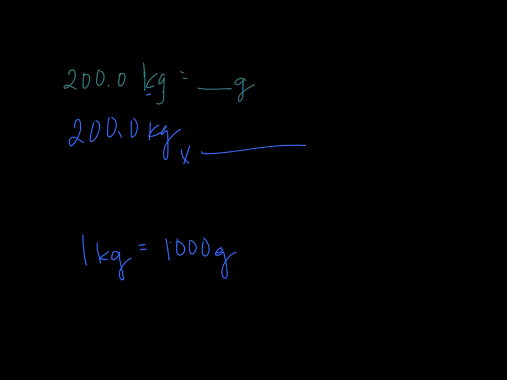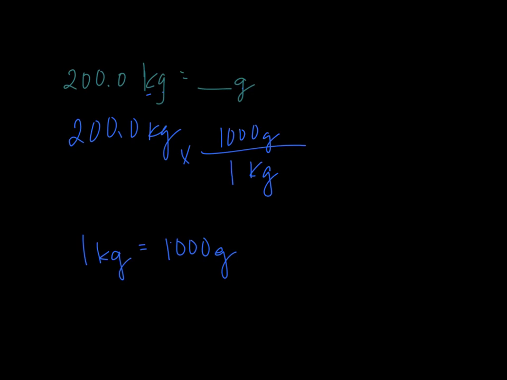Now this time, what unit has to go on the bottom? Kilogram has to go on the bottom because we've got it in the top, so it also needs to be down here so those units can cancel out. Now, how many kilograms do I have? I have 1 kilogram, and that's equal to 1,000 grams. So I have to put the other part of it on the top.